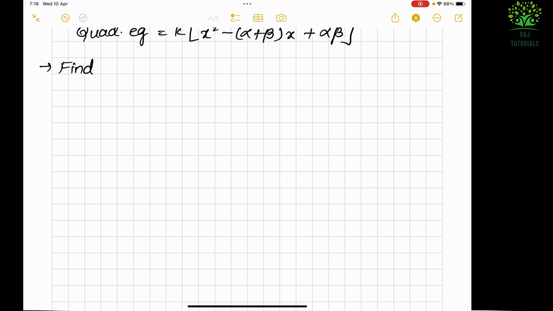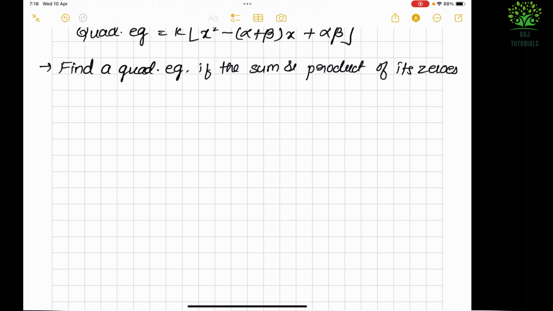Find a quadratic equation if the sum and product of its zeros are minus 3 and 2 respectively. So I am given alpha plus beta equal to minus 3 and alpha beta equal to 2.